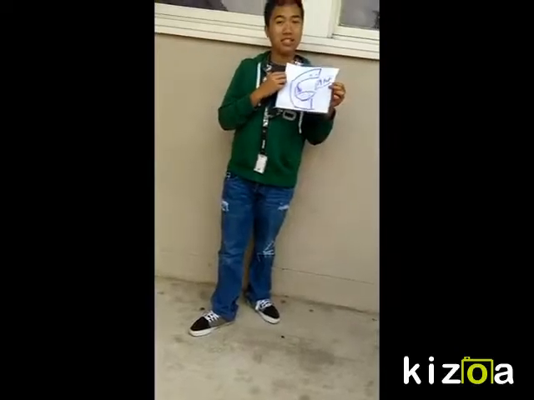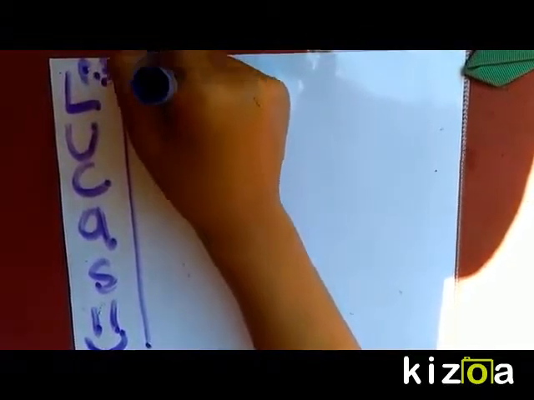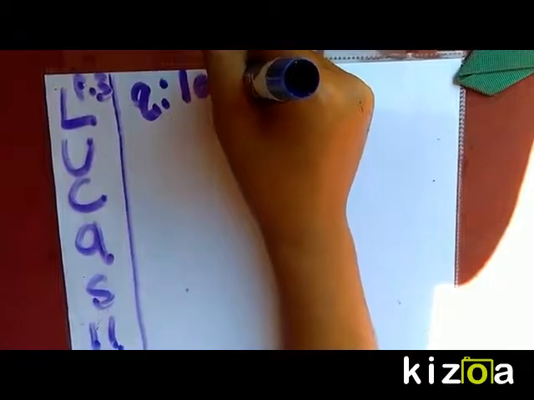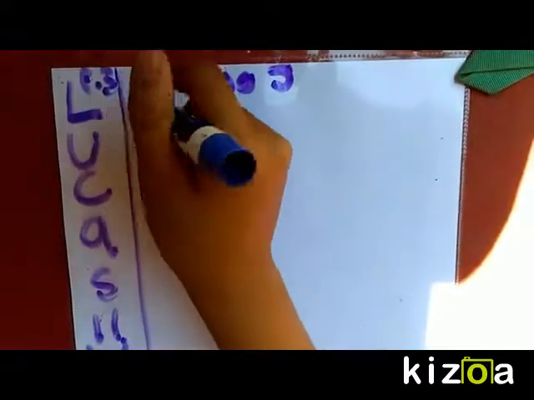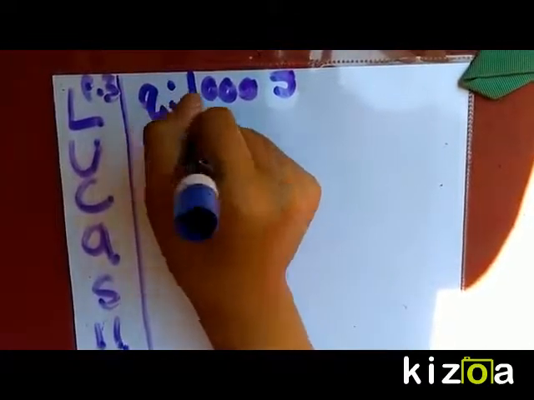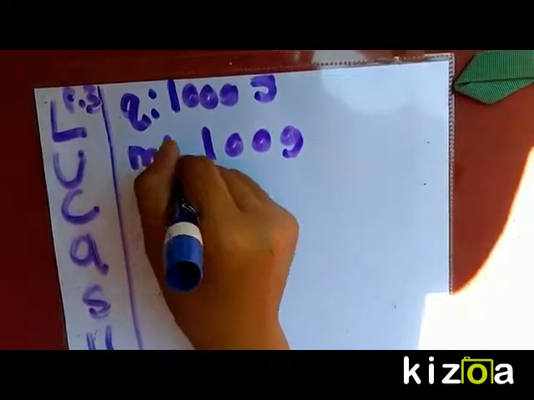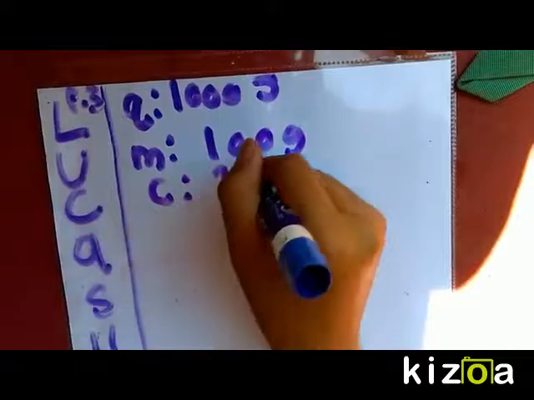It's amazing. For the problem you just saw in the recent image, our joules was 1,000 joules. Our mass was 100 g. Our specific heat was not given to us, so we must solve for that.